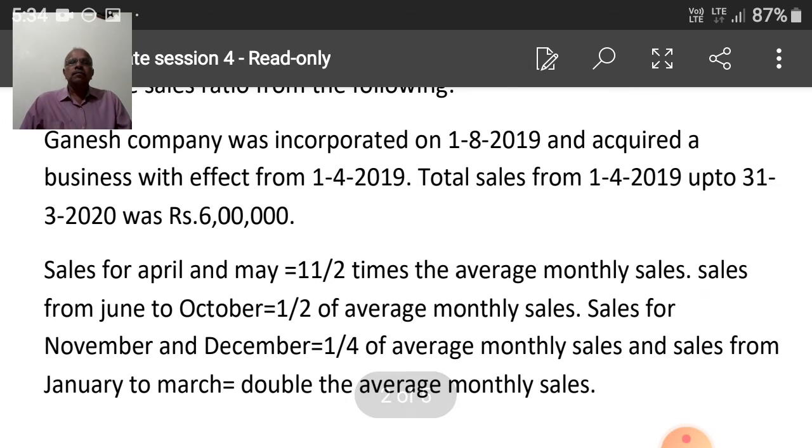Sales for April and May are 1.5 times the average monthly sales.